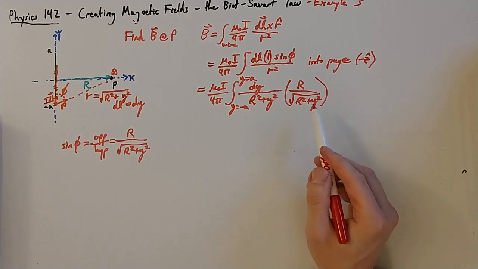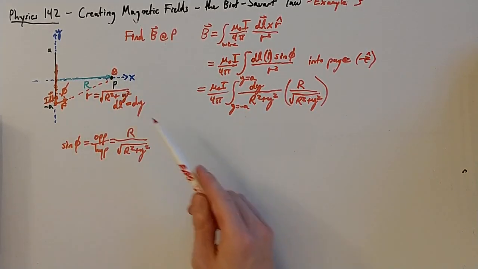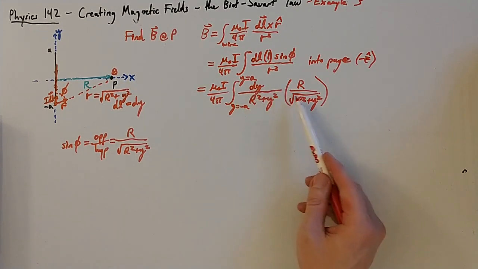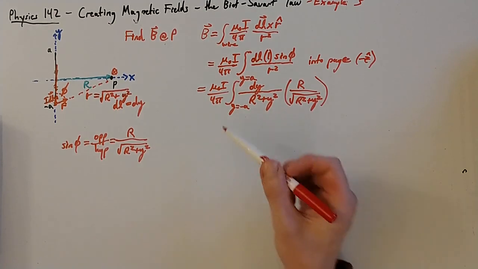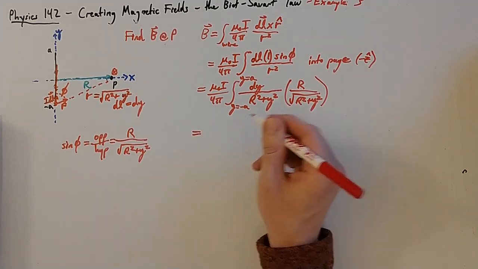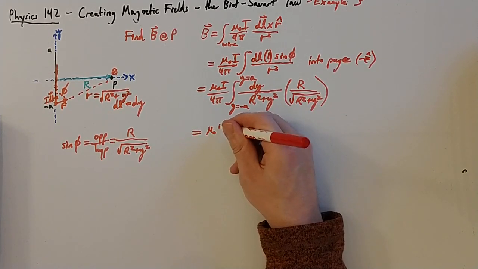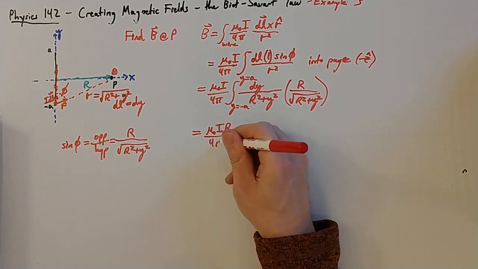All right. Now we have an integral that's in terms of all the variables that we were given in the problem and this variable that we want to integrate, y. So that's really promising. So now we can actually go ahead and do this integral. Big R is a constant that can come out front: mu naught times I times big R over 4 pi.